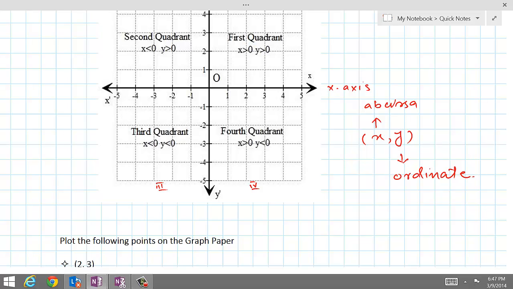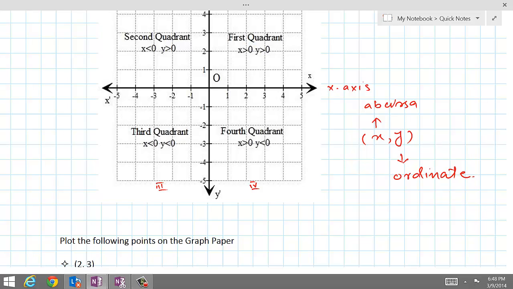Abscissa is responsible to determine movements on the left or right. If abscissa is positive, the movement will be toward right. If abscissa is negative, the movement will be toward left. If abscissa is 0, means there is no movement at all.